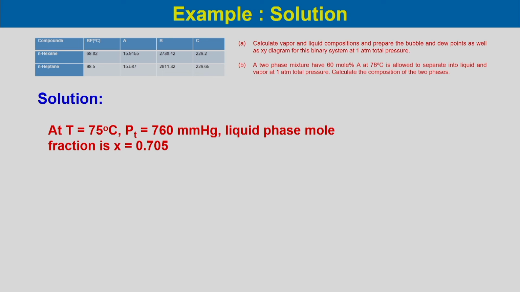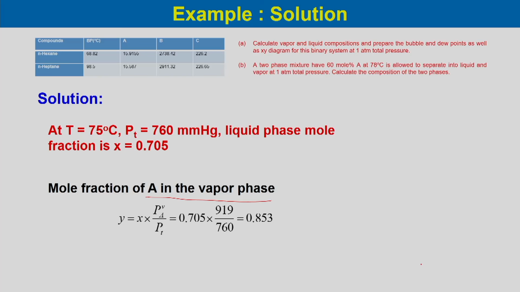So, we can calculate x at this temperature and at this pressure condition. Now, at T equal to 75 degree centigrade, Pt is the total pressure and the liquid phase mole fraction x is known to us. The mole fraction of A in the vapor phase we can calculate using Raoult's law: y is equal to x into PAV by Pt.